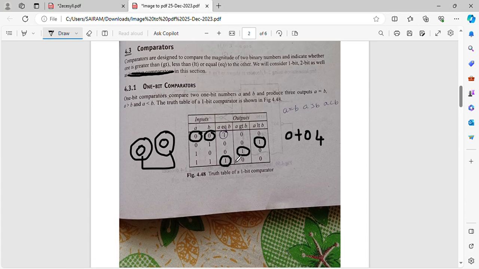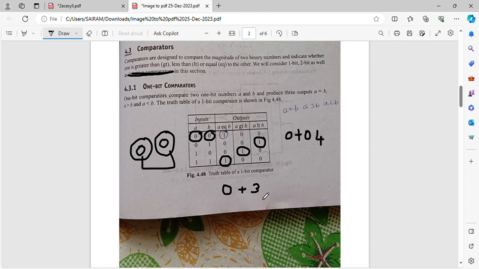For A is equal to B it is nothing but A XOR B. How A XOR B? You can see that A equal to B is only satisfied for 0 0 and 1 1. What is 0 0 in decimal? 0 0 in decimal is what? It is 0, right? And 1 1 in decimal, it is nothing but 3. Right? Is it not 3?